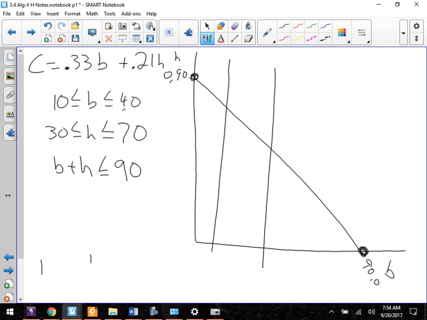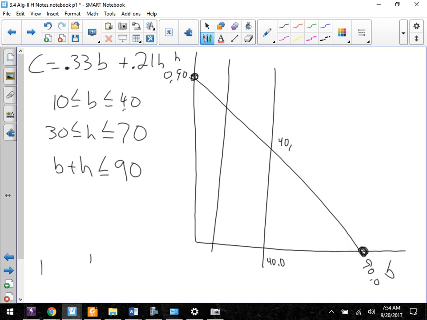Now remember, when you have those verticals, that means that that value of X, or in this case B, stays constant throughout that vertical line. So that means if this is 40 here, this is going to be 40, comma, what? It intercepts the 50. Very good.